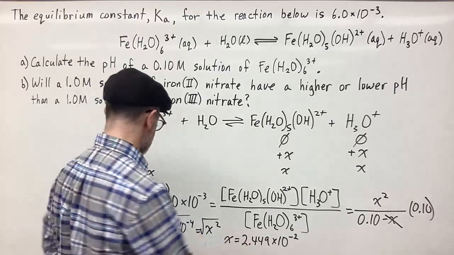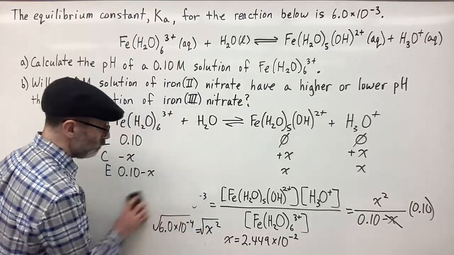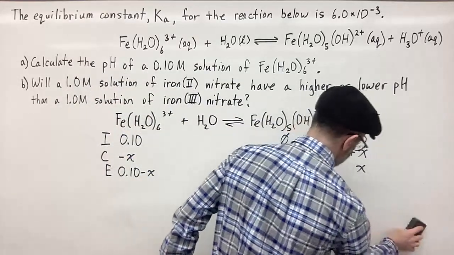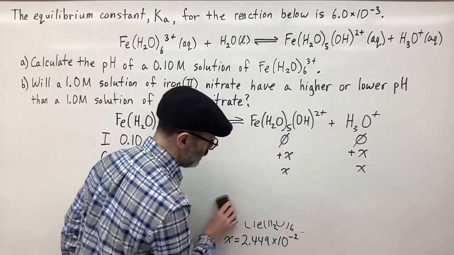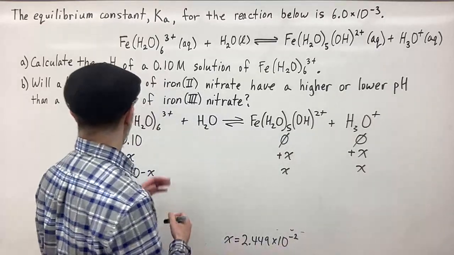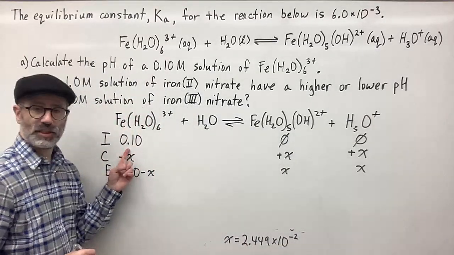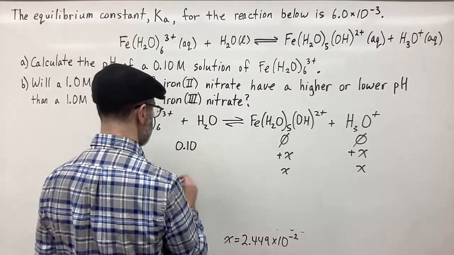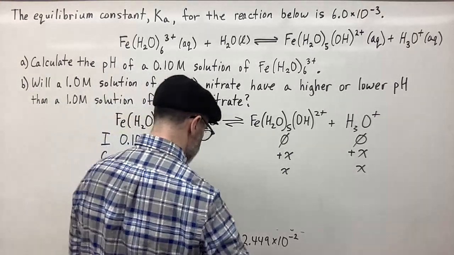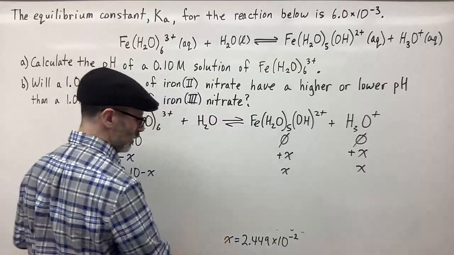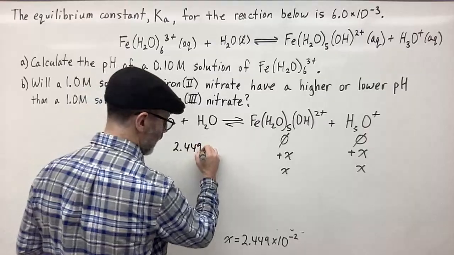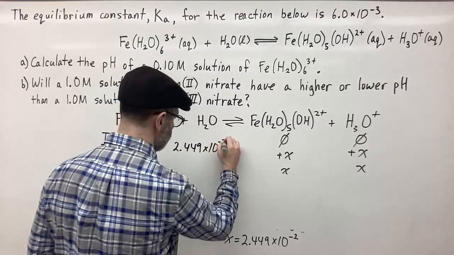So now we can figure out whether or not this is valid. We're going to do the 5% rule. So we're going to take the initial concentration that we have, 0.10, and we're going to take the X value, the change here, 2.449 times 10 to the negative 2.